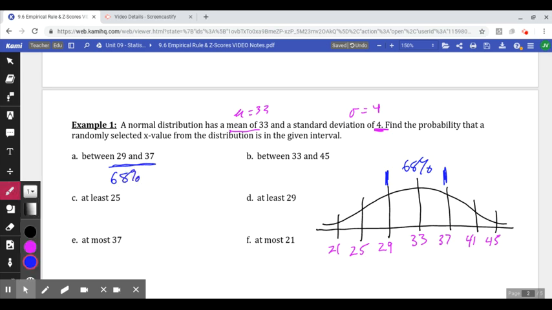For the next one, we've got between 33 and 45. We've got 33, that's right here, and 45. So that's from the mean to 3 standard deviations above. That's almost going to be 50%, but not exactly.